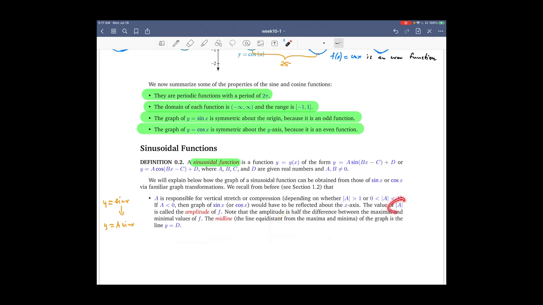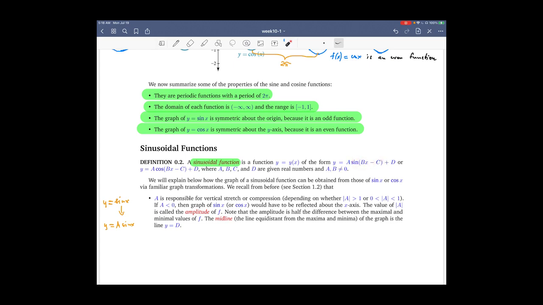This number, absolute value of capital A, is also called the amplitude. It's half the difference between the maximal and minimal value of f. Why is that? Let's explain that. What's the maximal value of this function? Well, the maximal value of sine is 1.